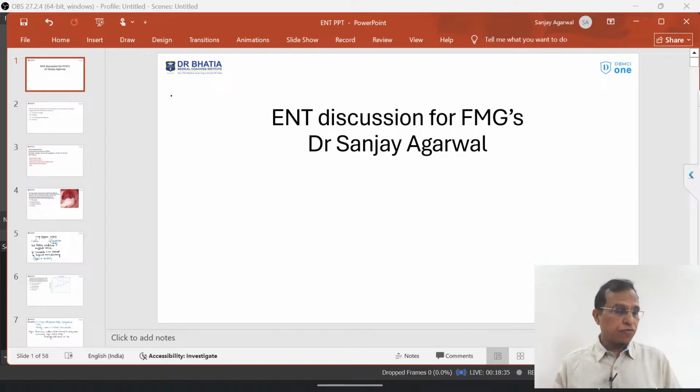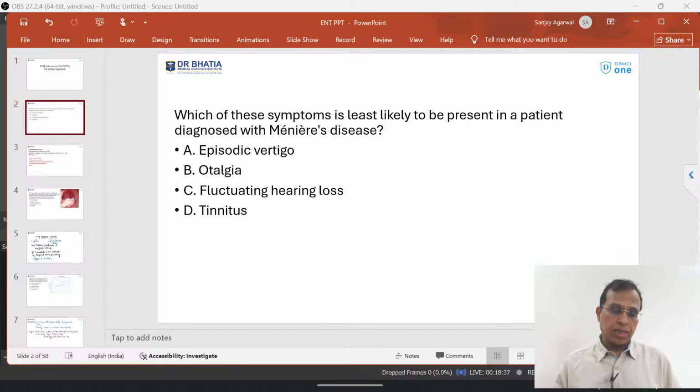Right. So first question: which of these symptoms is least likely to be present in a patient diagnosed with Meniere's disease? In FMG, as far as ENT is concerned, most of the questions are very direct questions.